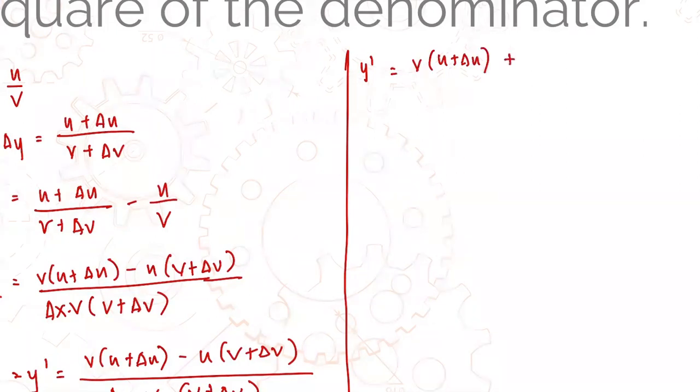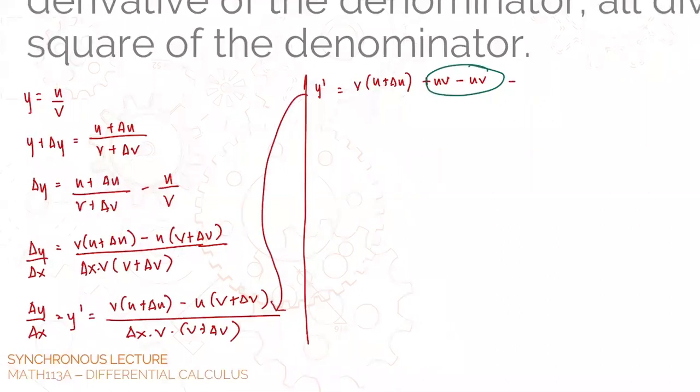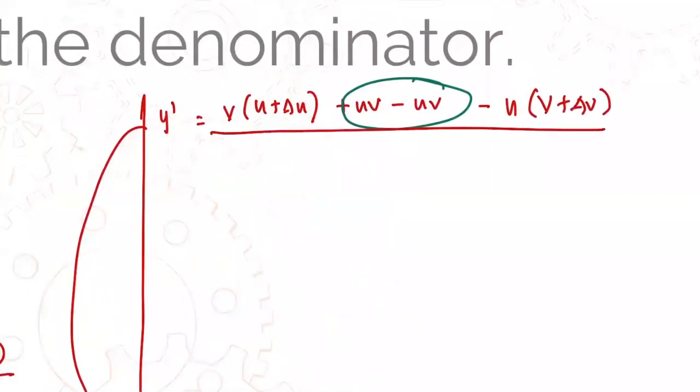Lalagay ako ng plus uv tsaka minus uv. So, ibig sabihin, pag ginano, baliwala lang din tong term na to, no? Kasi 0 lang din yan. So, yung mismong equation na yan, babalik lang siya dito sa formulang to, no? Minus u times v plus delta v all over delta x times v times v plus delta v.